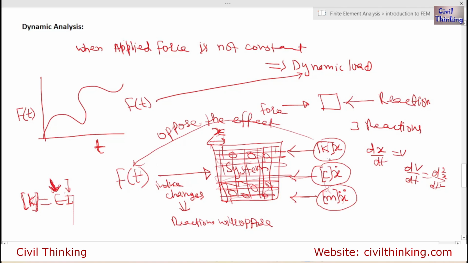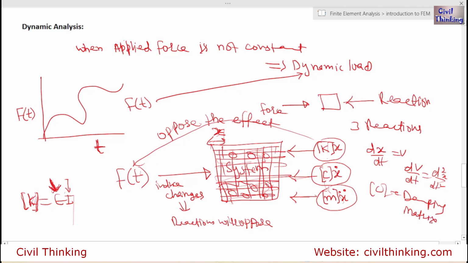That's why we have k here. Then this f of t will cause vibrations in the body. It will change the velocities, and there will be this c x dot as a reaction. C is the damping.